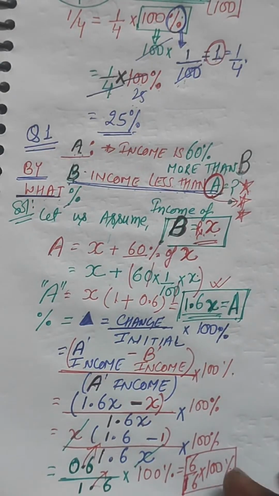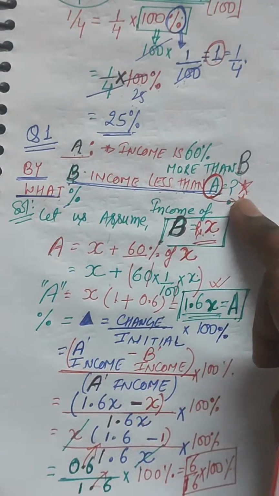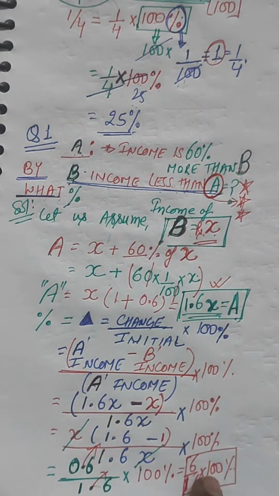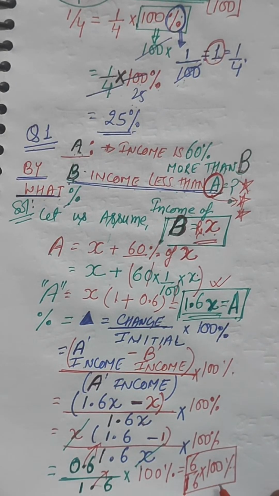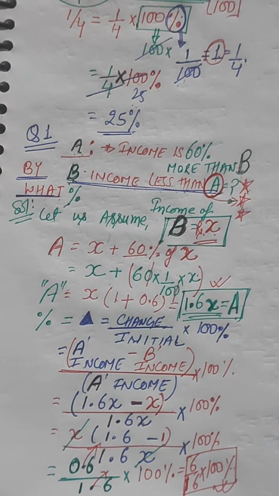This is the value that by what percent B income less than A. So B income is less than A by 6 by 16 into 100%, right? So you can simply calculate it and you have your answer with you, right?